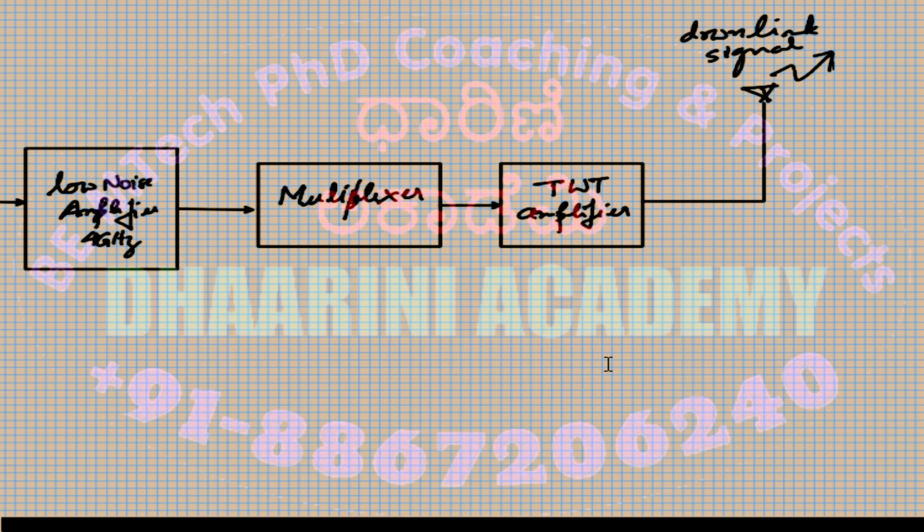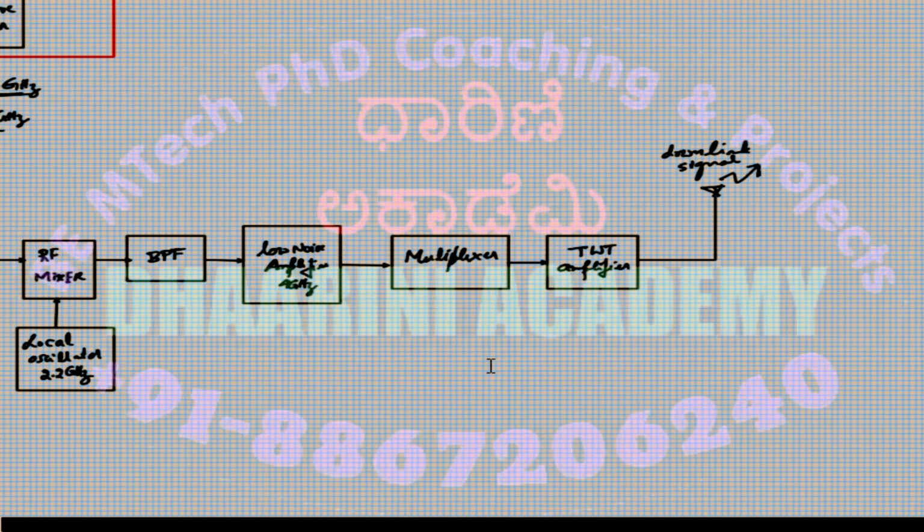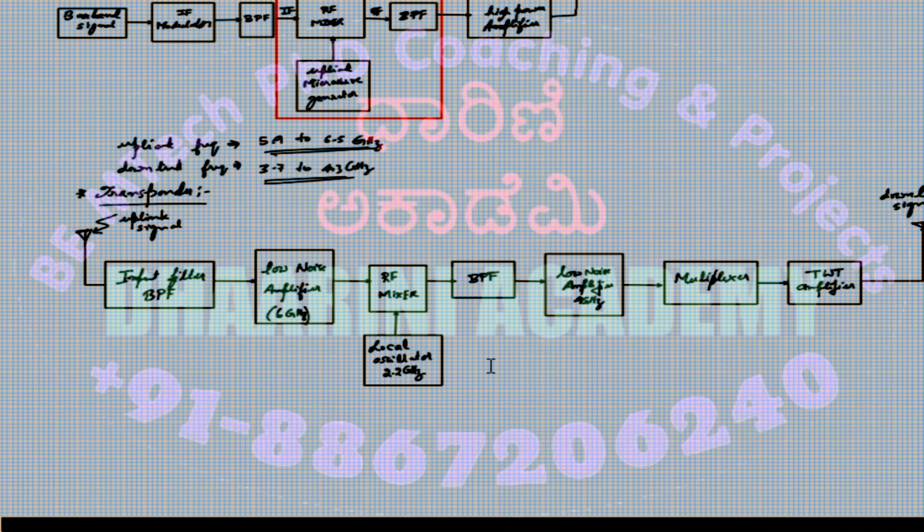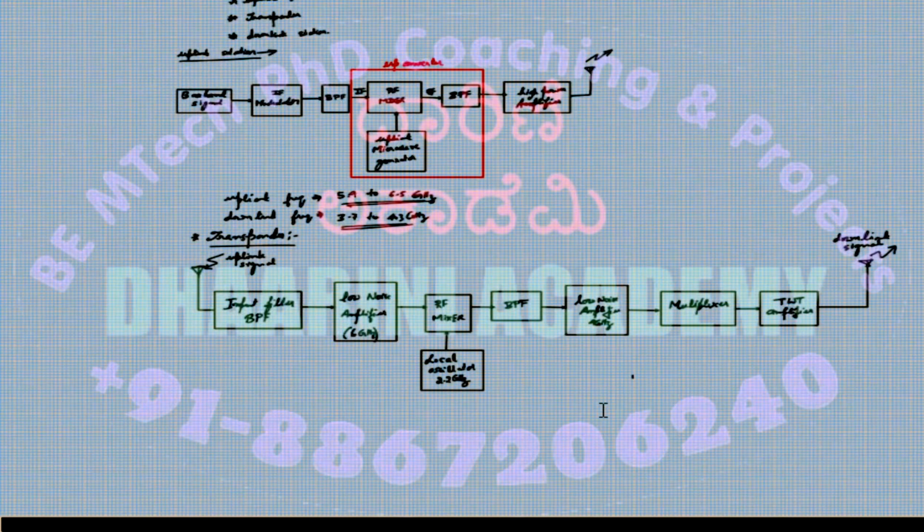I'll show you the overall diagram. That looks like this. This is from the transponder. So the transponder received an uplink signal, that is on the left, and it converts that into a signal which is a downlink signal.